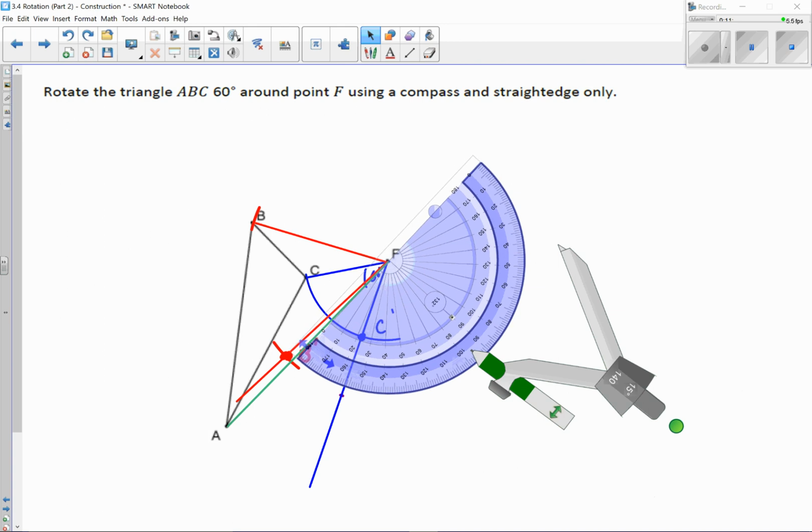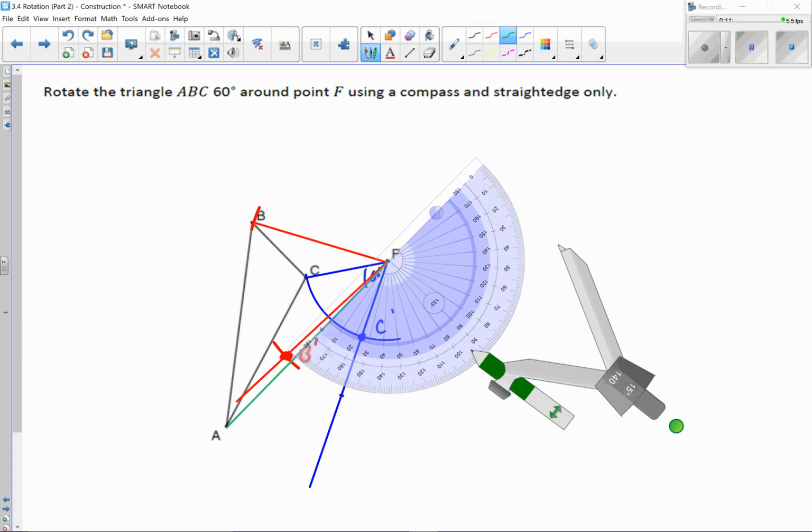Oops, well, we really are causing a problem here. There we go. Took us long enough, right? So again, 60 degrees, make a mark.